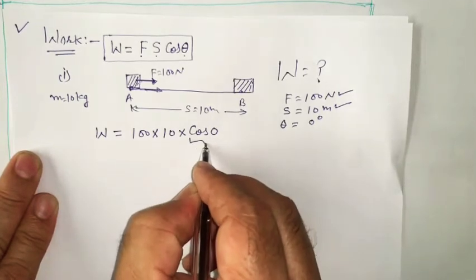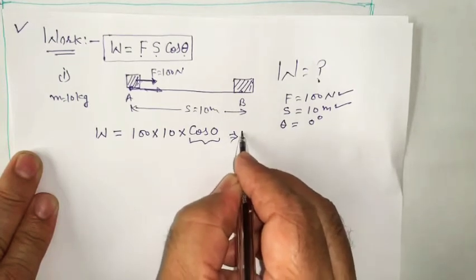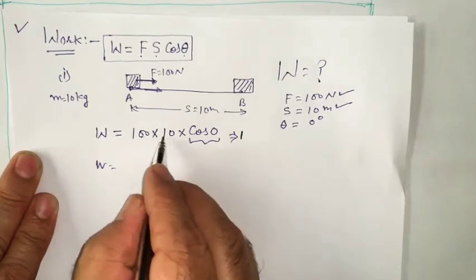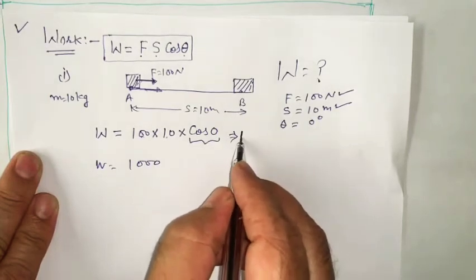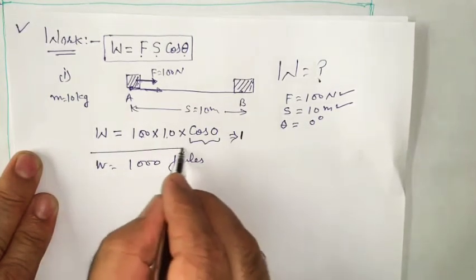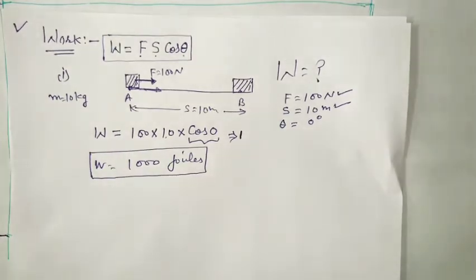You must know about cos 0. Cos 0 is always equal to 1. So what is the answer? 100 into 10, 1000, cos 0 is 1. So work is 1000 joules. This is the answer.